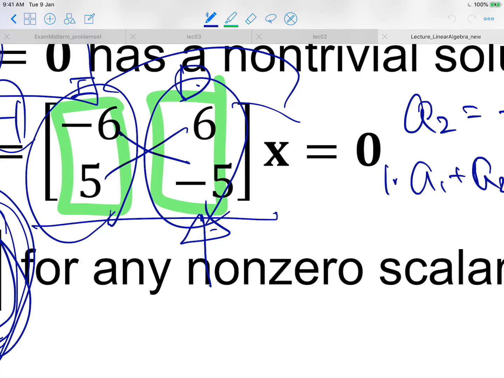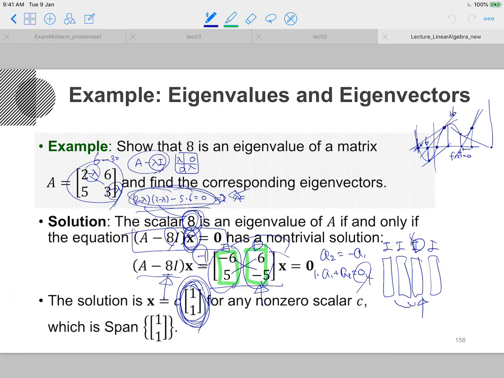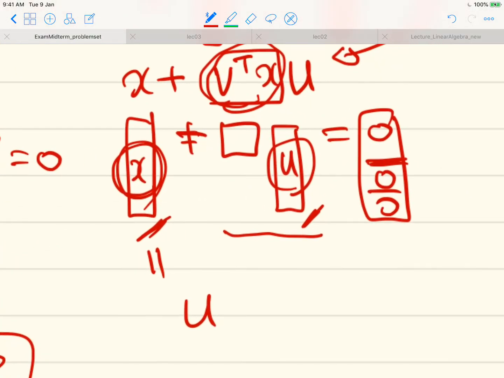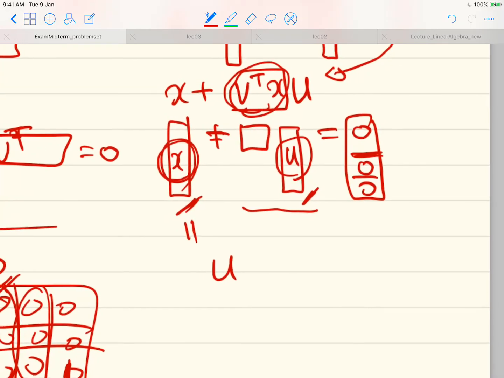So really the direction is important, right? That's why it is called a null space, because the null space is a subspace that is spanned by some basis vector. Okay, so we at least found the direction. So that's it, right?